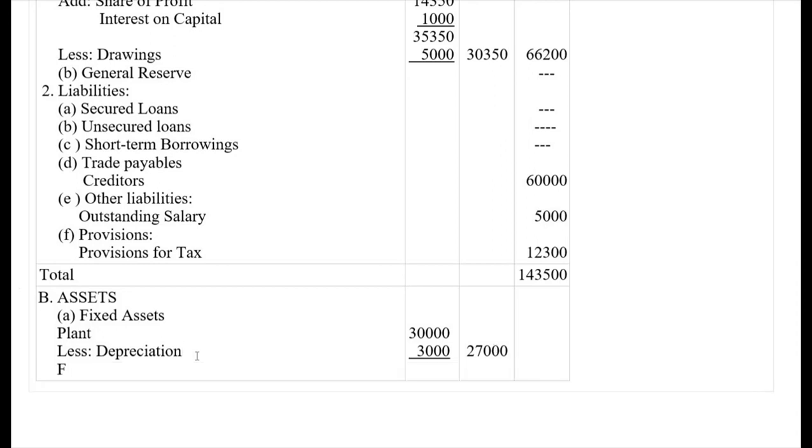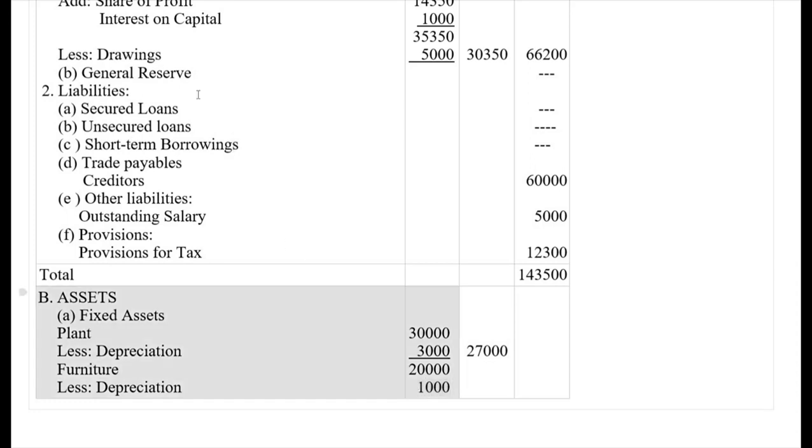Similarly, furniture less depreciation. So the value of furniture given in the problem is 20,000 here. So the amount of depreciation which we have computed is rupees 1,000.